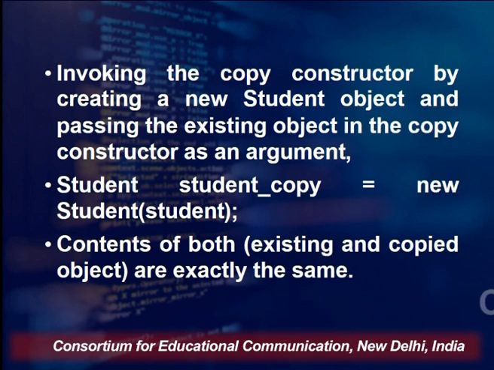So the contents of both the existing and the copied object are exactly the same, and we invoked the copy constructor by creating a new student object and passing the existing object to the copy constructor as an argument. While the two objects are there, the contents of both are similar.